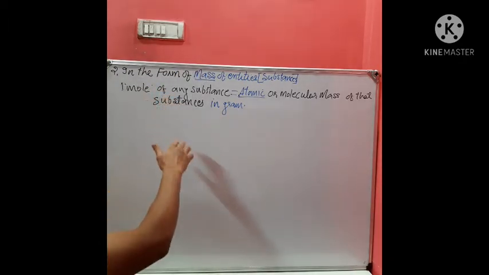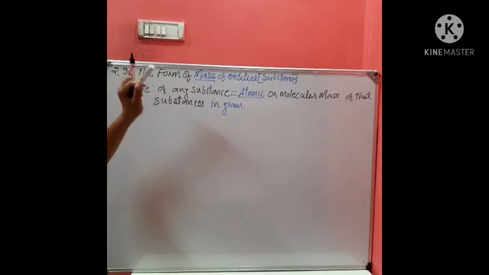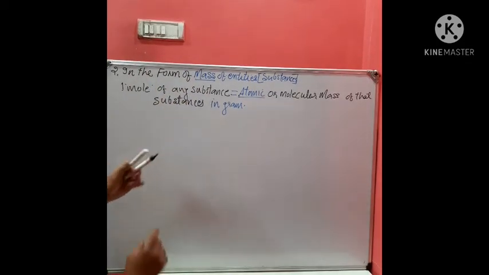So 1 mole of any substance is equal to atomic or molecular mass of that substance in gram.